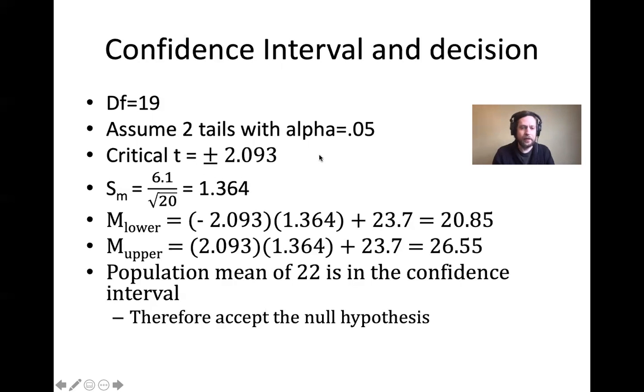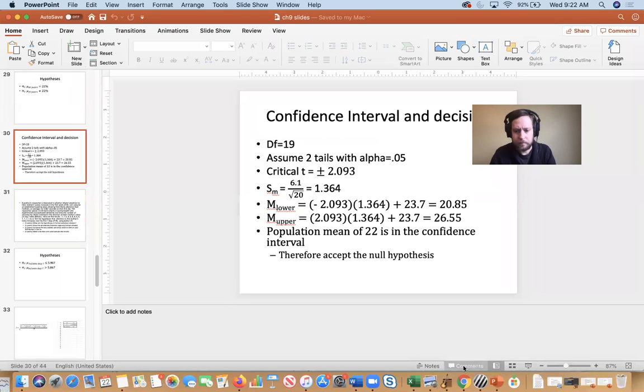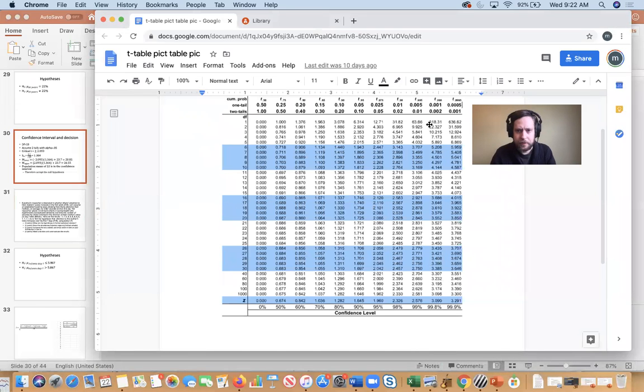We need to look up our critical t, so let's go ahead and do that right now. Degrees of freedom 19, two tails, alpha equals 0.05. Okay, so let's look here. Degrees of freedom equals 19, and then alpha equals 0.05, 2.093.